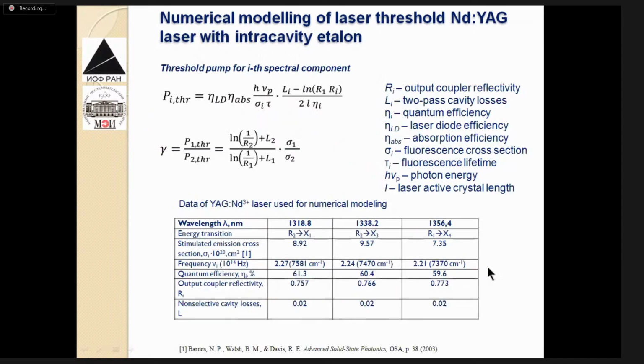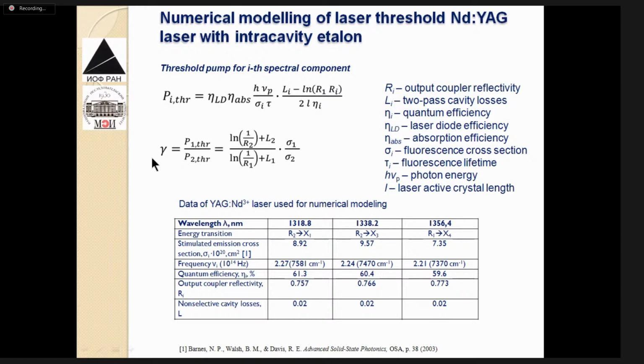So we decided to introduce these losses into our cavity and made calculations of the threshold pump intensity for each spectral component. These values were used in order to proceed with our calculations.